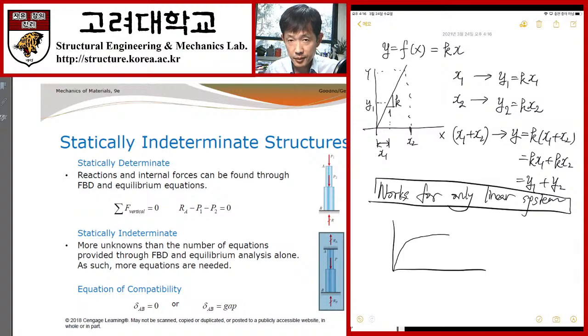So the principle of superposition works only for linear systems. That's very important. Assuming our system is linear elastic, we can use the principle of superposition. Please make sure about it. Any other questions?